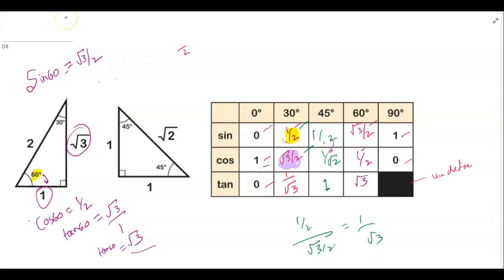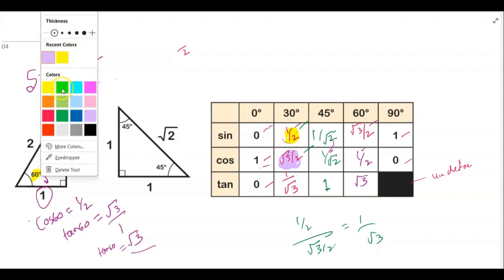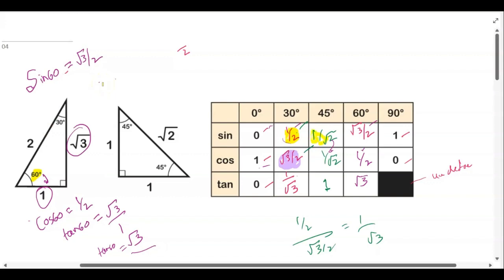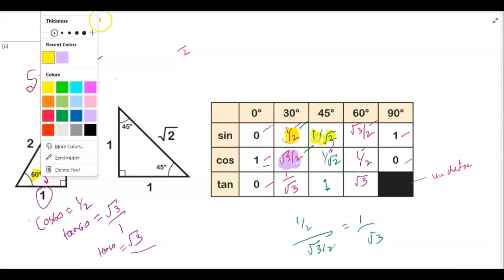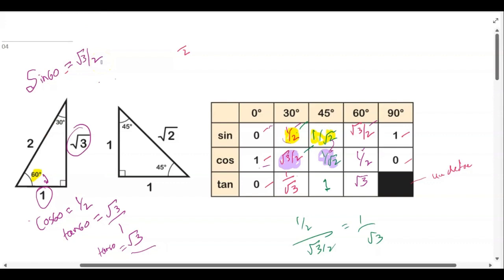Here, my mistake, I wrote it wrong; sorry for that. It is 1 by root 2 over 1 by root 2. Both are 1 by root 2, so the final answer is 1.